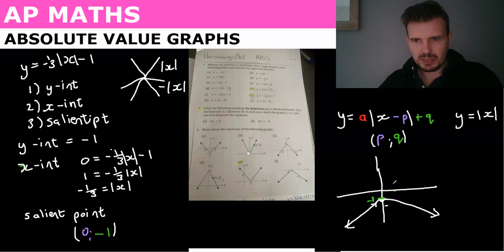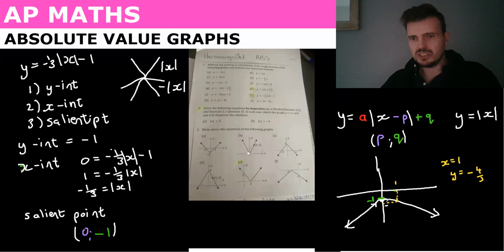So this would be another point. Where x is equal to 1, y is equal to -4/3. So we have this point of (1, -4/3). If you substitute in -1, you would get the same answer, because -1, when it's absolute, becomes +1. And so it's a mirror.